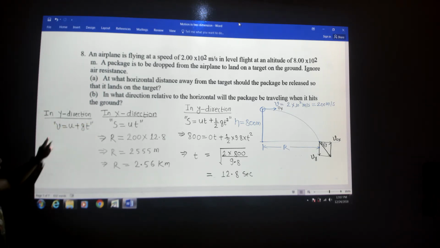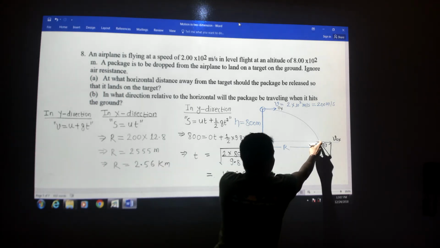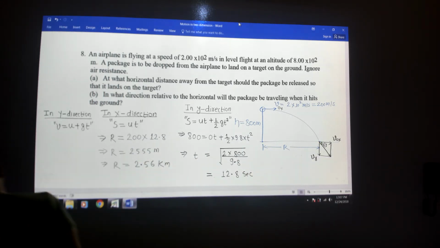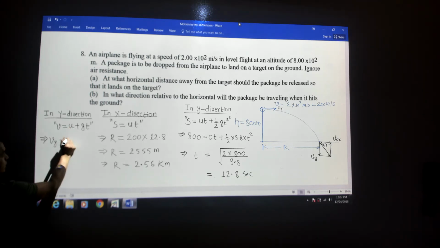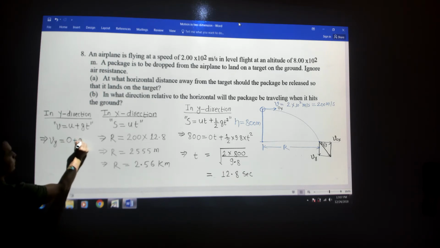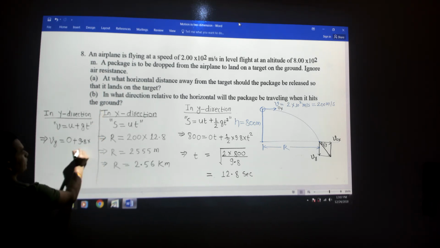This is the final velocity at this point, when it hits the ground, which we are going to calculate. Initial velocity is 0, g is 9.8, and the time is 12.8.